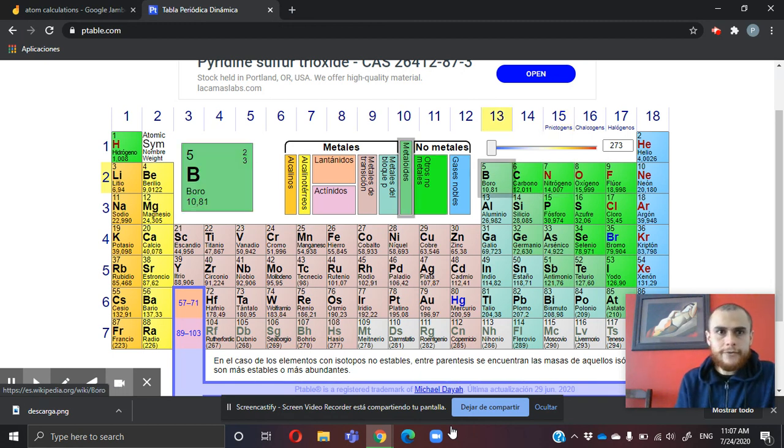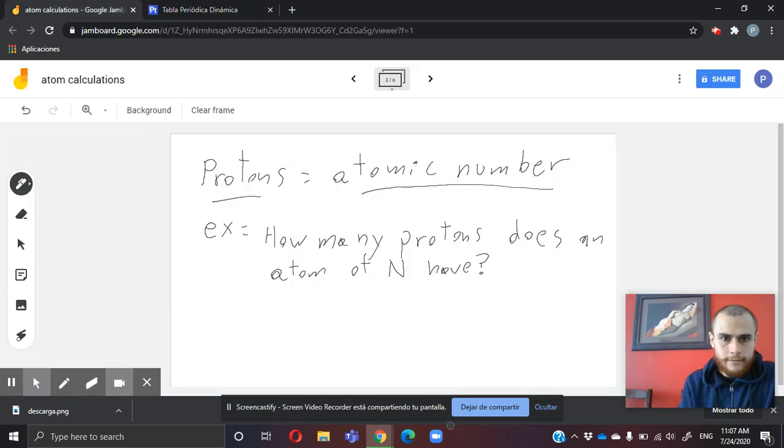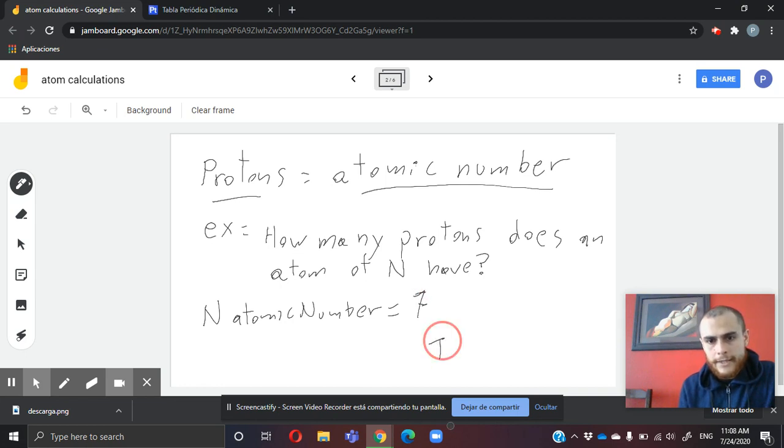So that means nitrogen has an atomic number of 7. Now, the formula tells me that the protons and the atomic number are the same. If I have 7, then that means I have also 7 protons. So 7 protons.